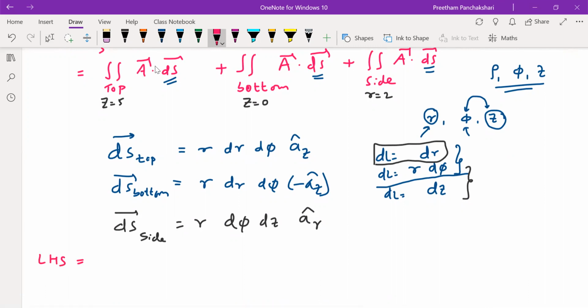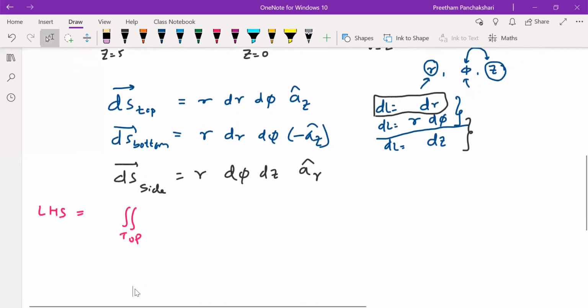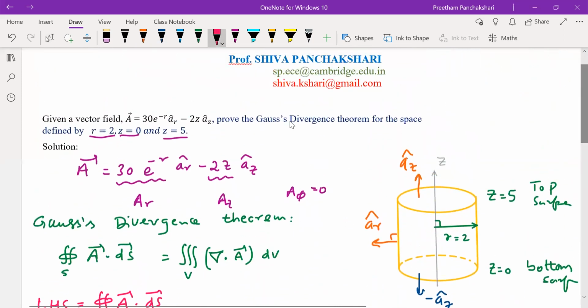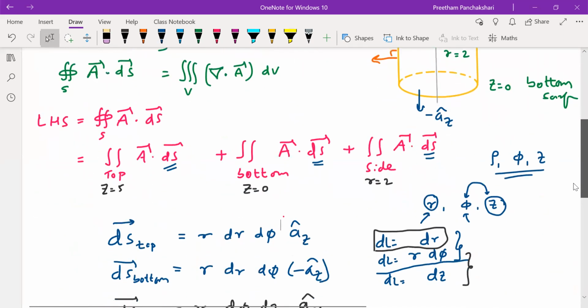So now let us consider the first integral over the top surface, for which z value is 5. Now we have to consider a vector to substitute. A is equal to 30 e power minus r a cap r minus 2z a cap z. This has to be substituted in all integrals.